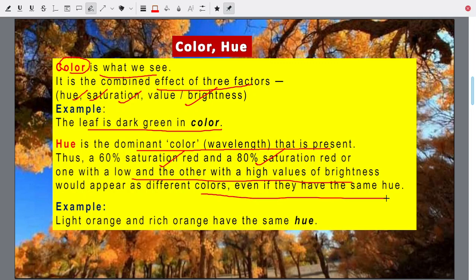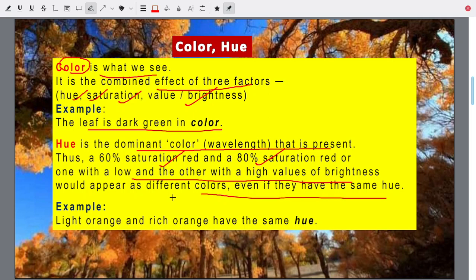And if you want better hands-on experience to do an experiment, take a photo using your mobile, of course. Use your mobile phone to click a photo of a green leaf or a red flower. And now go to the edit option and change the hue, saturation and brightness and see how the color changes.